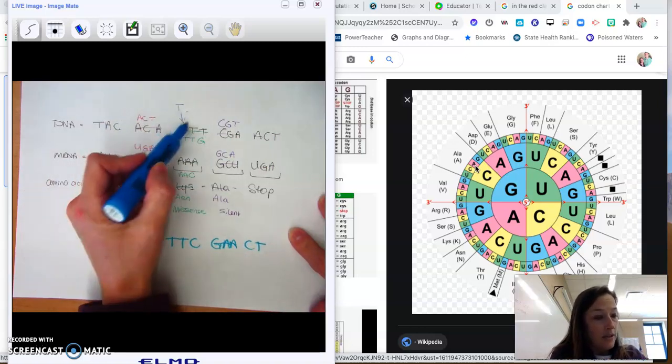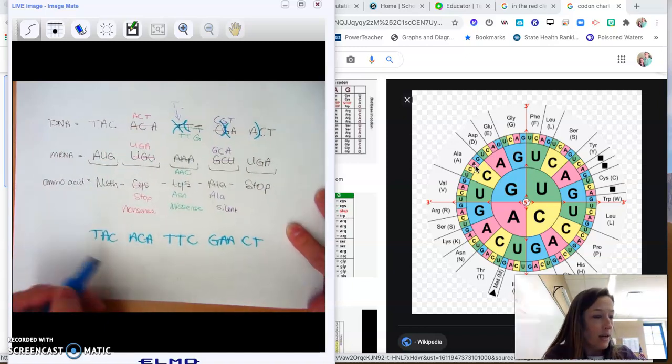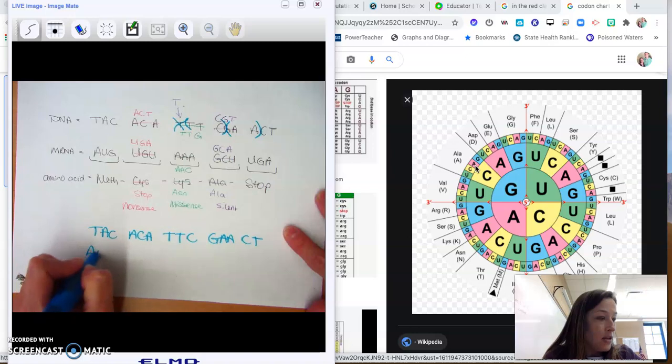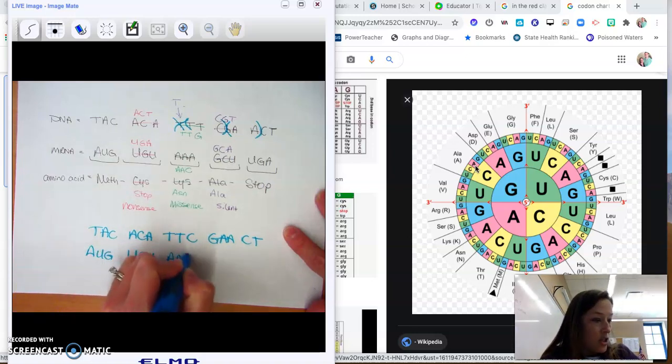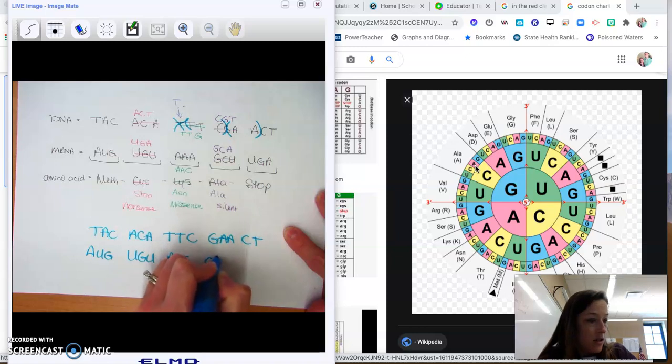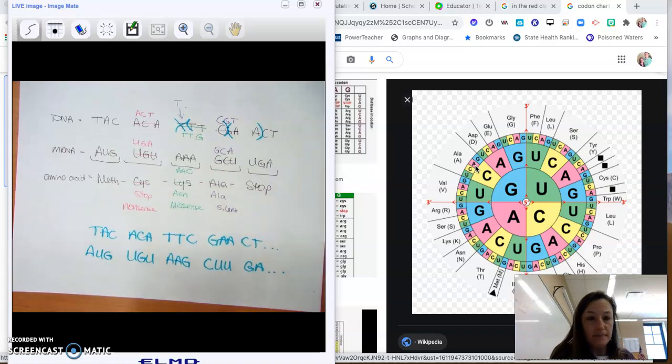Because what's happened is I've deleted this. Now I'm having to shift my reading frame. So my RNA is going to be AUG, UGU, AAG, CUU, GA, whatever comes after that.